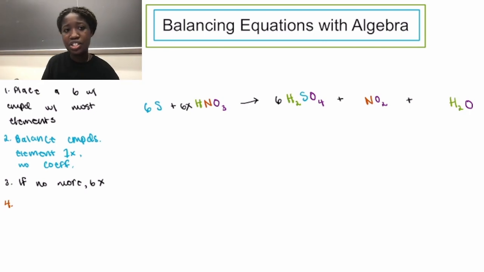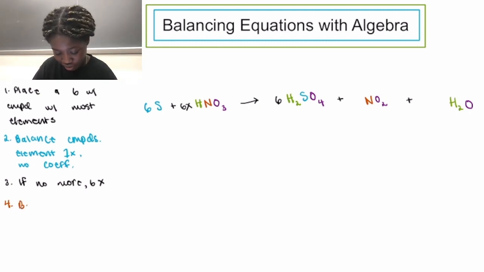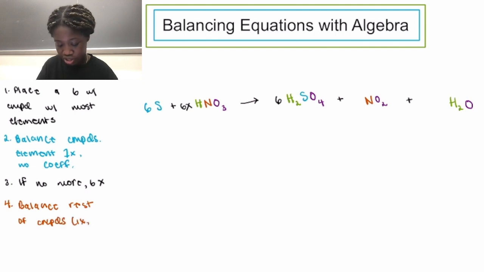And now we kind of just continue as normal, but we have to keep in mind we have an x in play. We want to balance the rest of the compounds with the same criteria. We have to have an element that appears one time, and the compound needs to have no coefficient in front of it.